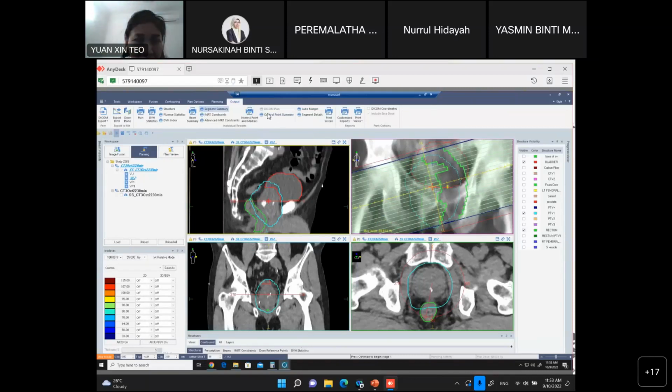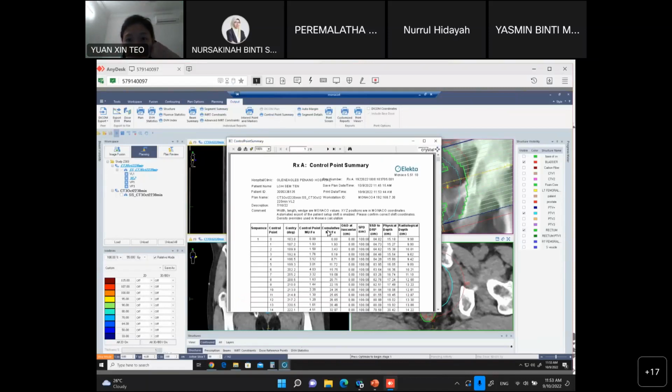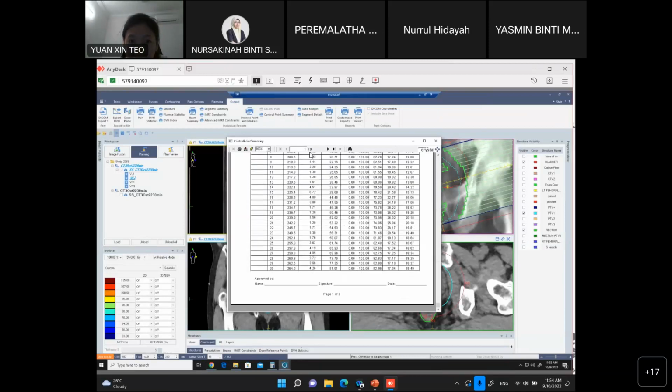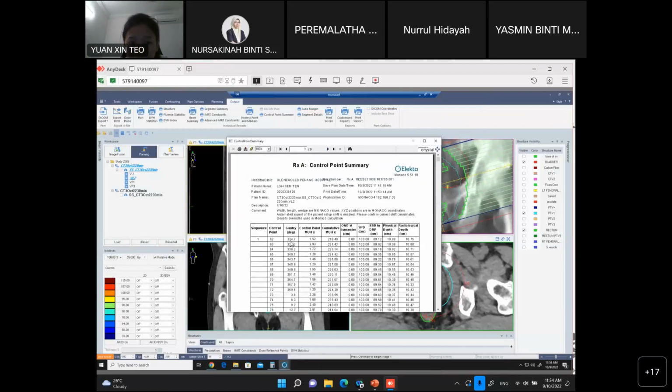Segment summary. Okay, let me see this one. Okay, you can see here from gantry 183.8, then increasing until all these angles. So every gantry angle there is a control point.